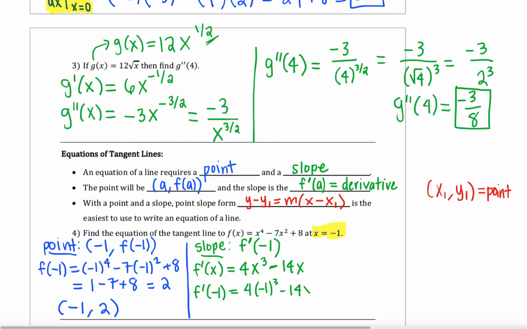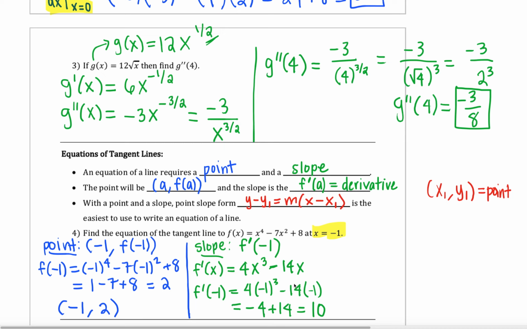Oops, that's going to be a negative 1, not an x. So we end up with negative 4, because negative 1 cubed would be negative 1, times 4 gives us negative 4, and then plus 14 from the double negative being multiplied, which ultimately would give us positive 10.